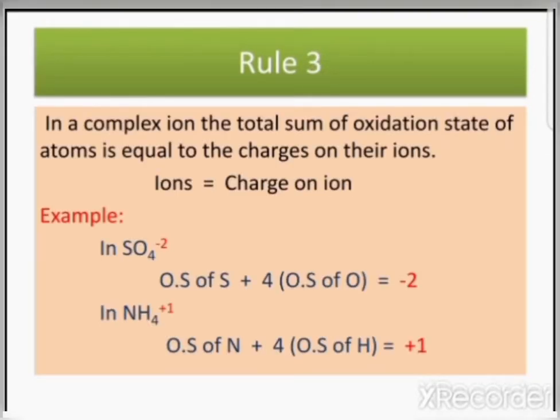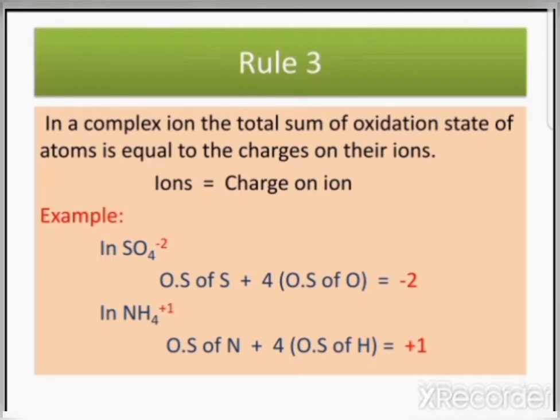Rule number 3. In a complex ion, the total sum of oxidation state of atoms is equal to the charge on their ions. It means in case of ions, the sum of oxidation states of each element should be equal to the charge on the ion.